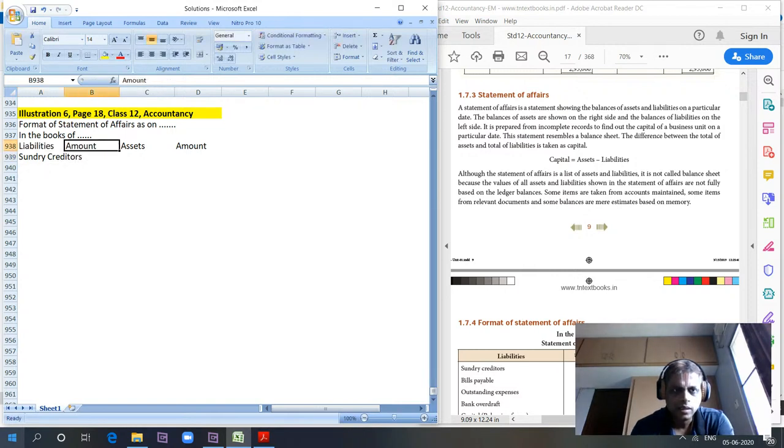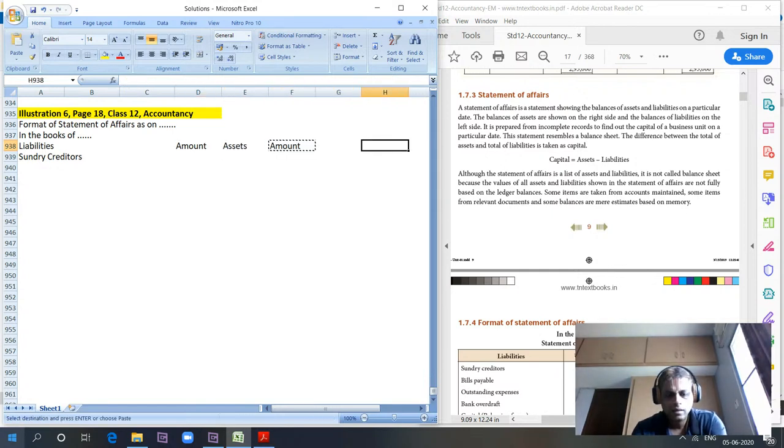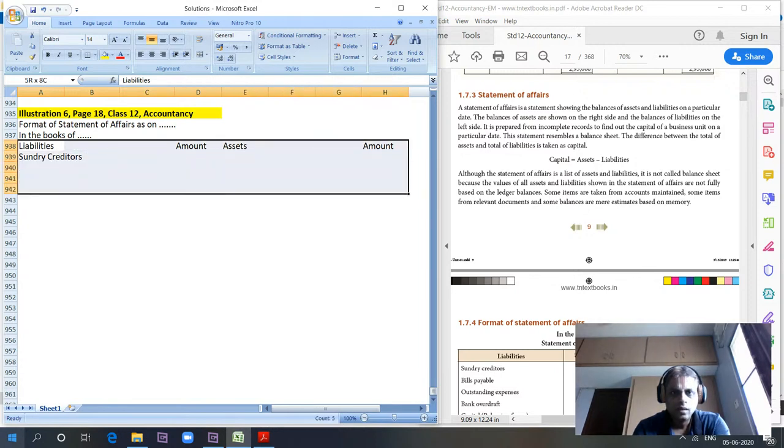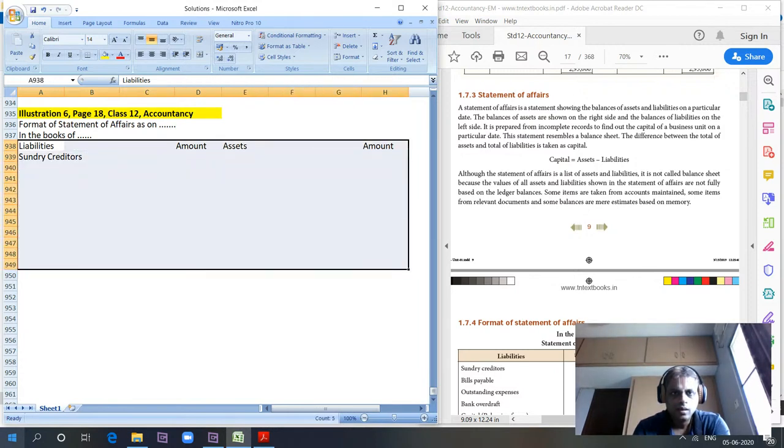Sundry creditors. Let me make some space here for everyone to understand. I'm putting it in a tabular form so that it is easy to understand.